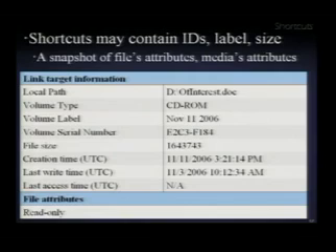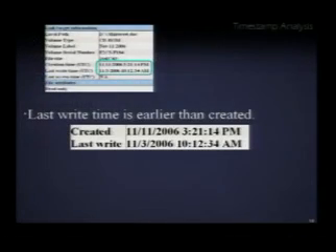Now, there's one thing about this particular set of timestamps that's somewhat unique to Windows: when you see a creation time that's later than the last write time, it means something different than on other platforms. So we've got a created time that's newer than the last write. How can that happen? Well, that happens when you transfer files from one media to another. It gets created on the new media, but the last time it was written is the last time it was modified.